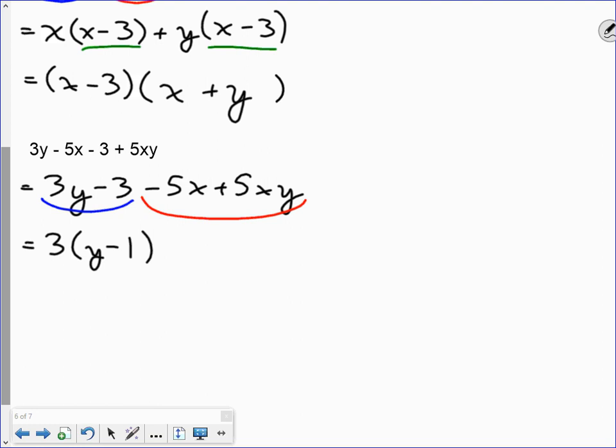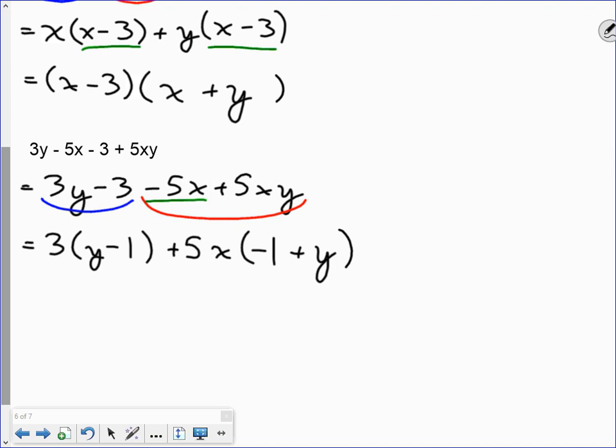Well, I see a 5 that is common to both of them, and I see an x that is common to both of those terms. So if I factor out a 5x, I need to get a negative 5x here. So 5x times negative 1 will give me negative 5x. And then 5x times y will give me the 5xy.